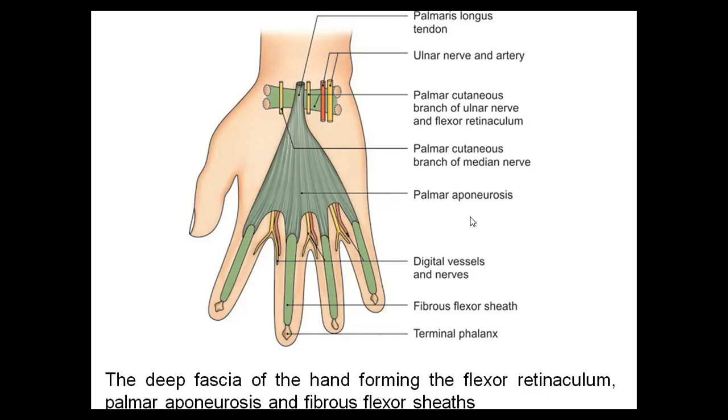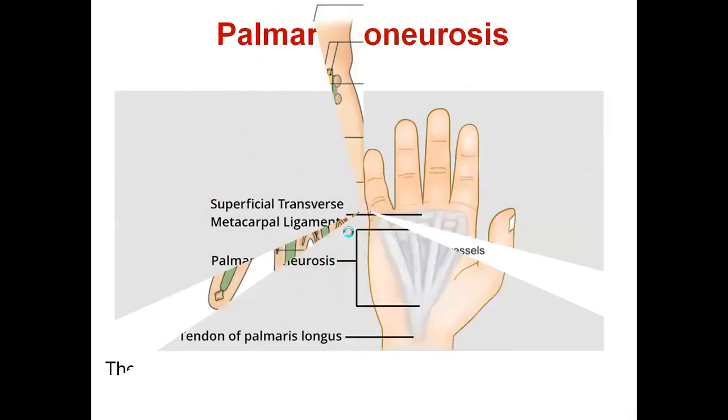When you look, the great toe of the foot is not enjoying so much freedom of movement as you observe with the thumb, because in the foot, the plantar aponeurosis has 5 slips. That means one slip is going towards the great toe also in the foot. This point would be repeated when we do the lower limb, but just as a comparative feature, I just wanted you to understand this point.